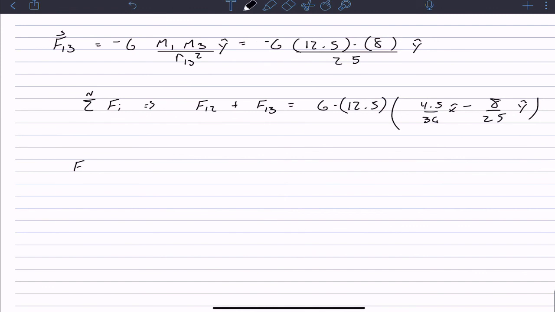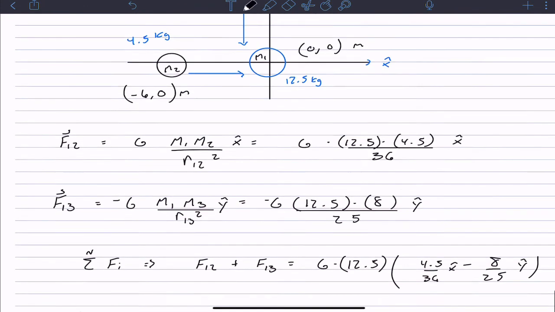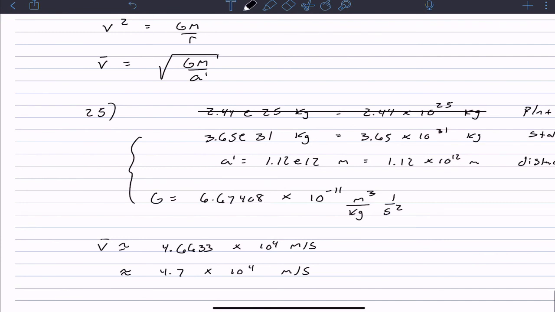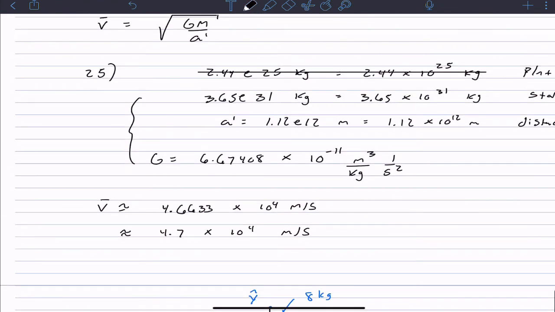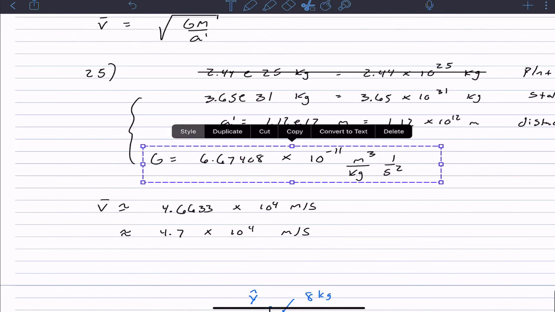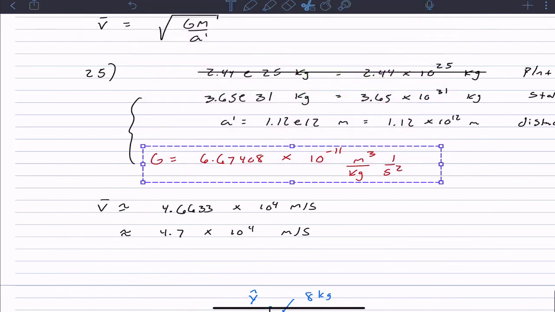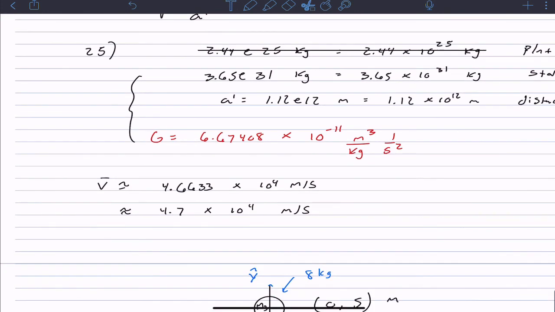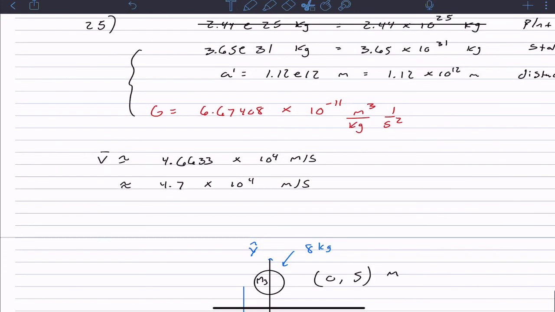So the net force is equal to, what did we end up with? You plug all that in. I just pulled this value up as well, so you can plug G into your calculator, just so you can see it: 6.67408 times 10 to the negative 11 meters cubed per kilogram per second squared.